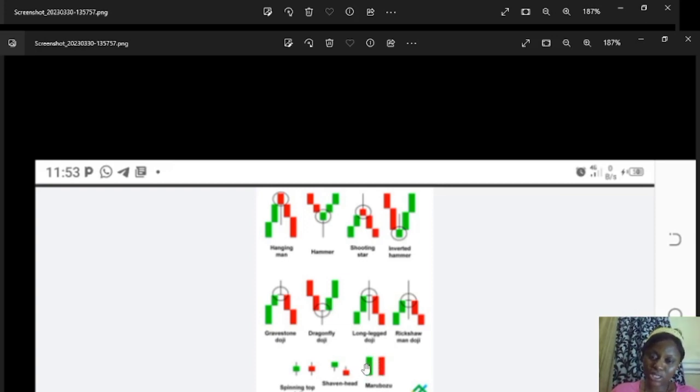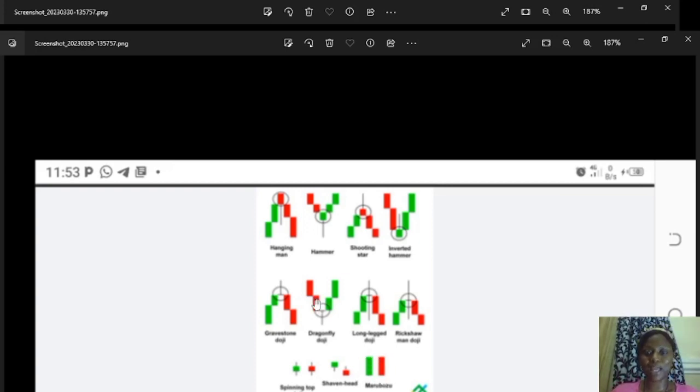When you see this, it shows that there's strong buy pressure coming into the market. Sometimes it has a little wick, but most times it's without a wick. That's the Marubozu candle. It shows that there's a strong pressure of buy or sell in the market.